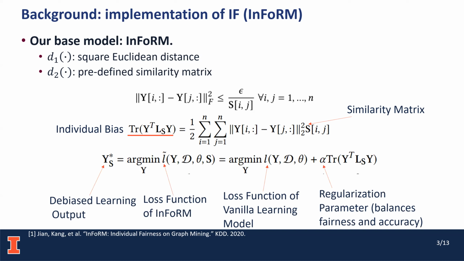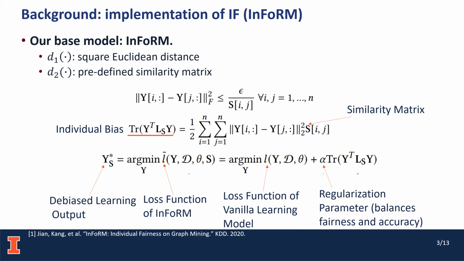Based on this individual bias proposed in this paper, the author also introduced several techniques to implement the individually fair machine learning algorithm. One of the algorithms that is easy to implement and works well is based on adding a regularization parameter, where we directly introduce the individual bias in the loss.